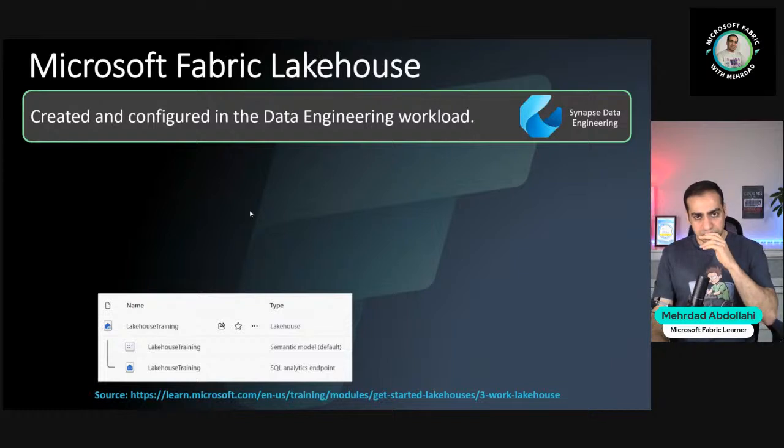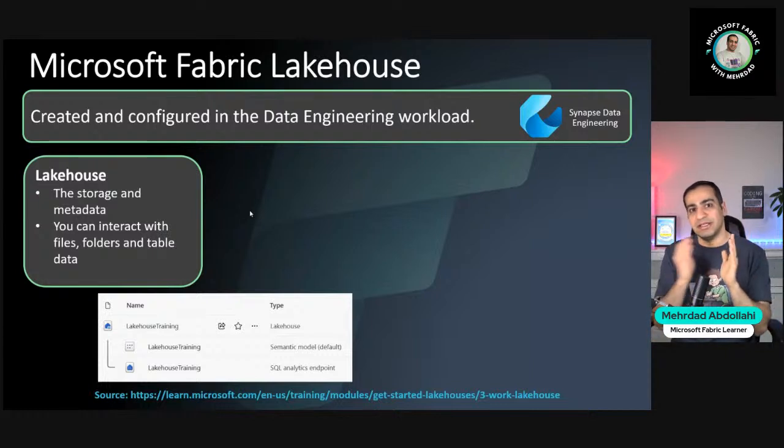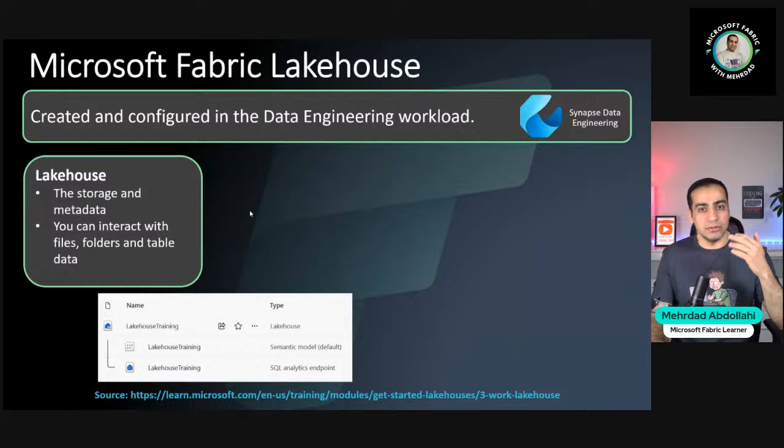And after creating a Lakehouse, you will see three items in Fabric. One is the Lakehouse itself. The other, which is basically the storage and metadata of the Lakehouse, and you can interact with files, folders, and also the data tables.